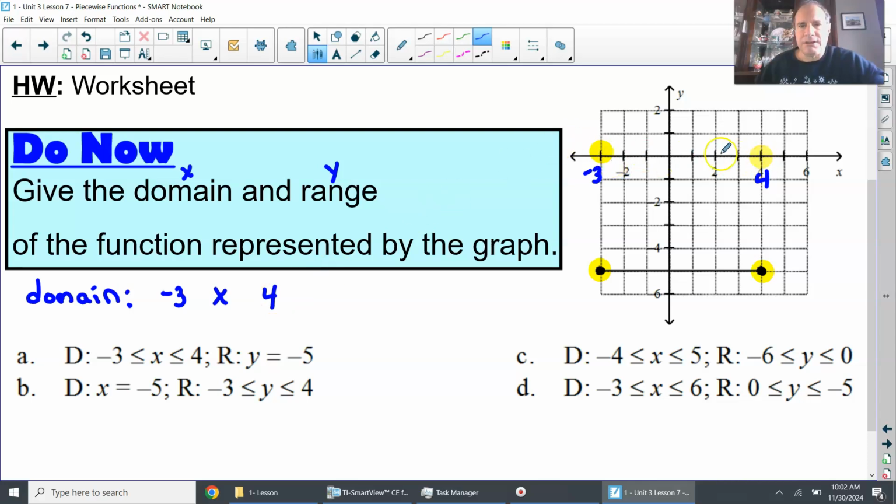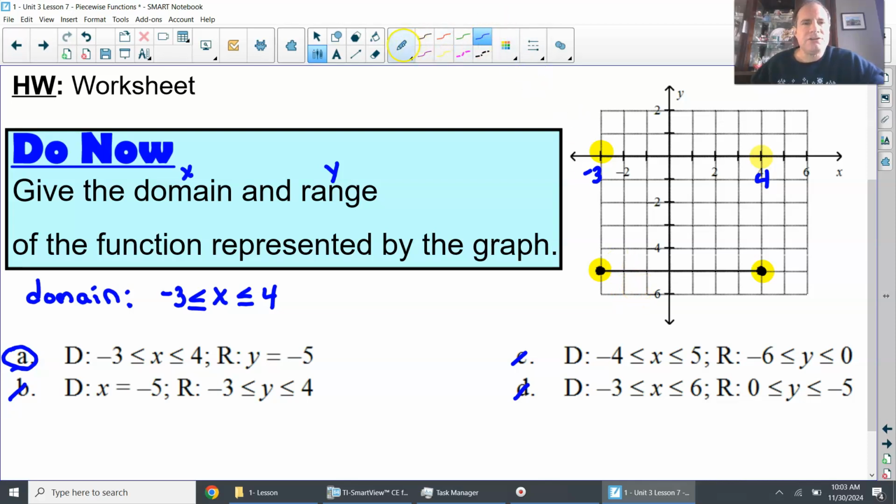So all the numbers here are greater than or equal to -3, and all of the numbers this way are less than or equal to 4. So we are looking at either A, the domain of -5, -4, that's out, -3, 6, that is out. So we can answer without even doing the range, but let's go ahead and do the range.